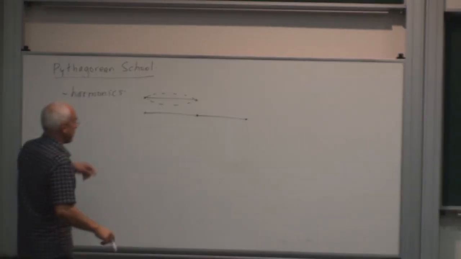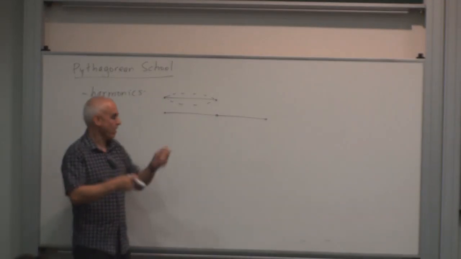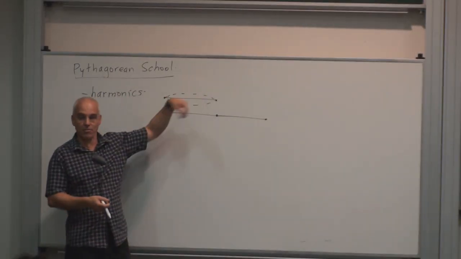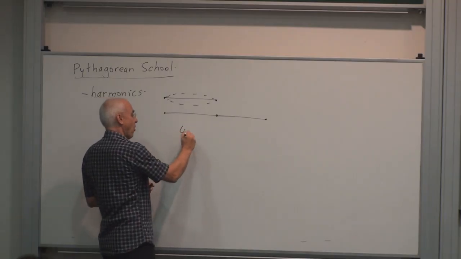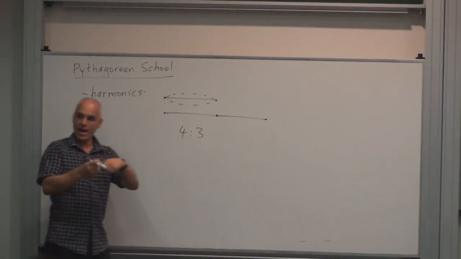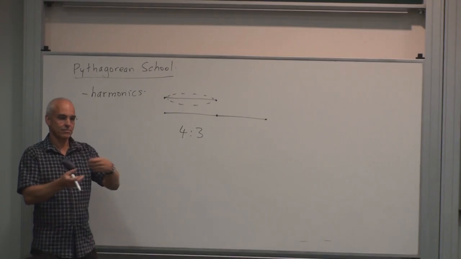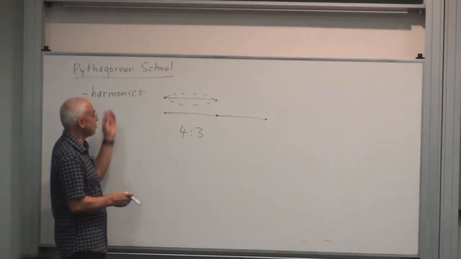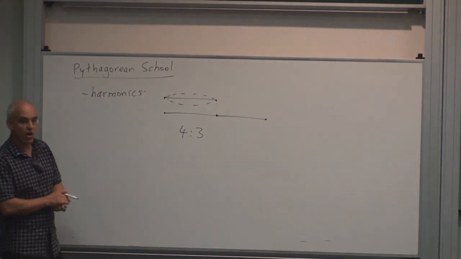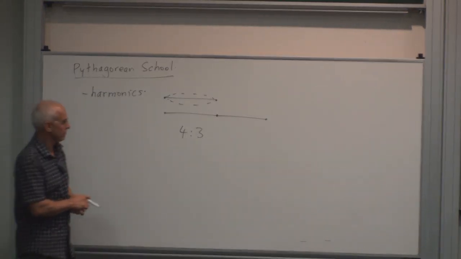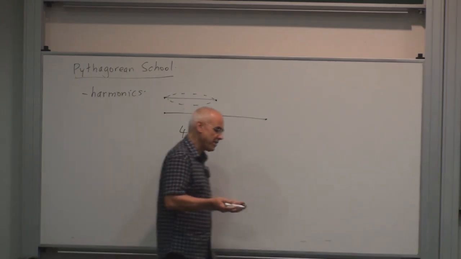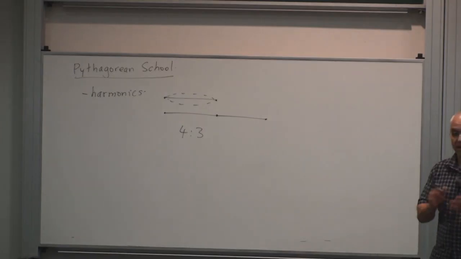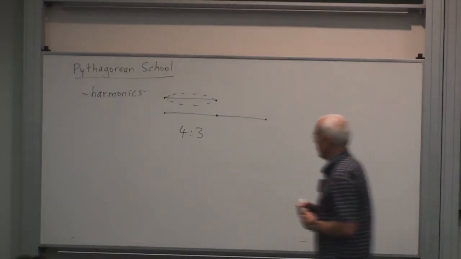They also discovered that a perfect fifth is given by another proportion. I can't remember offhand what it was. A perfect fourth is another proportion. Proportions between whole numbers had a direct connection with musical notes. So they had a kind of theory of music based on the ratios of whole numbers. And they had this idea that number could be used to describe almost everything in the natural world. Okay?